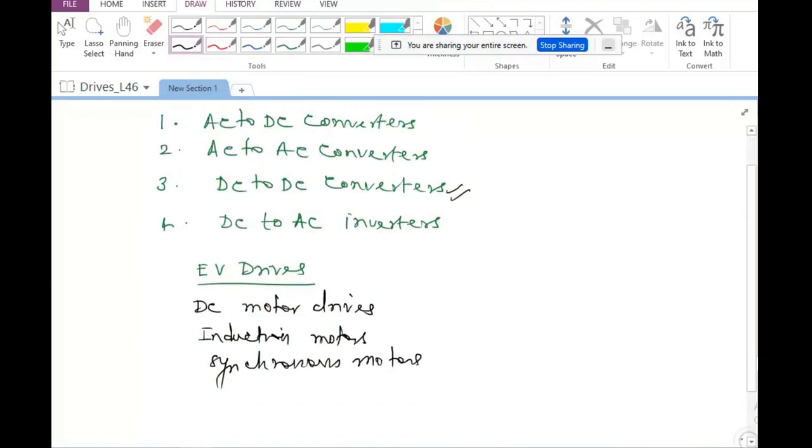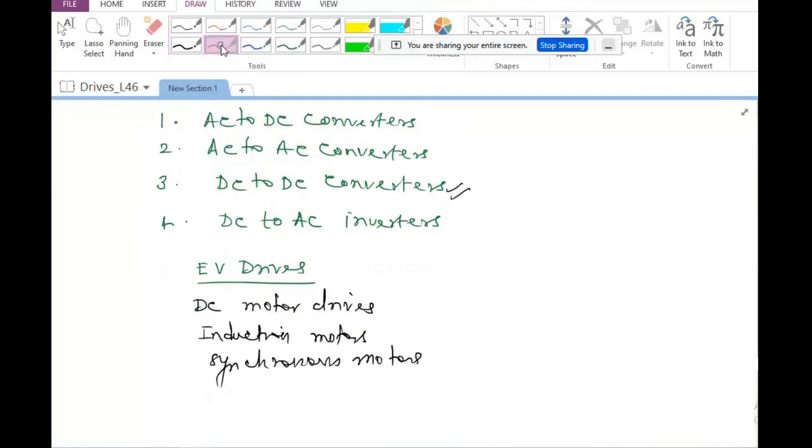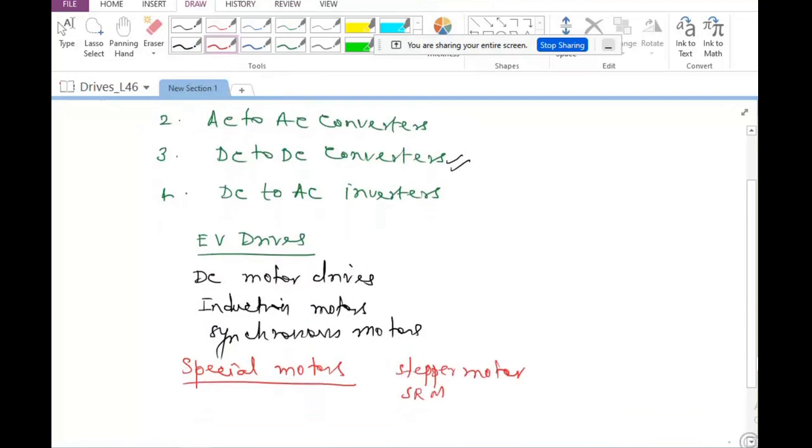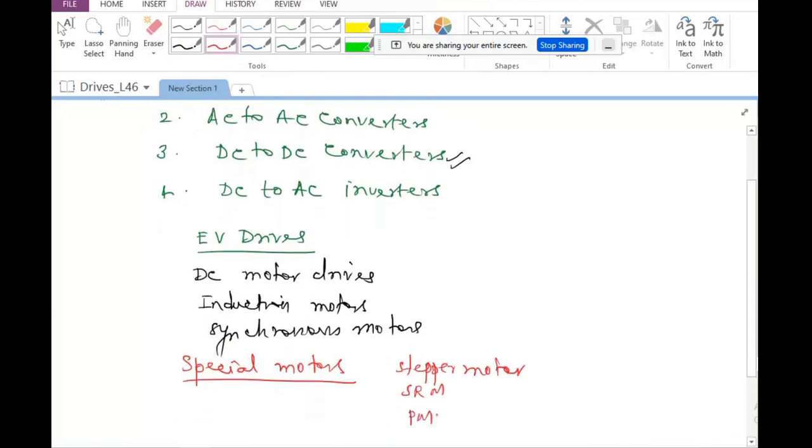But before we venture into conventional motors, I am planning to take up special motors, special electromechanical devices like stepper motor, SRM, that is switch reluctance motor, and PMBLDC motor. Out of these, we really do not use stepper motor for electric vehicle propulsion.